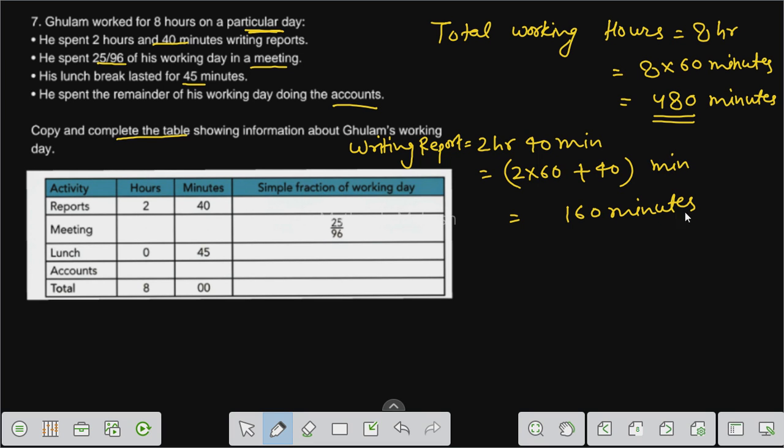Okay, this is the total reporting time in minutes. Now we can change this one into the fraction.